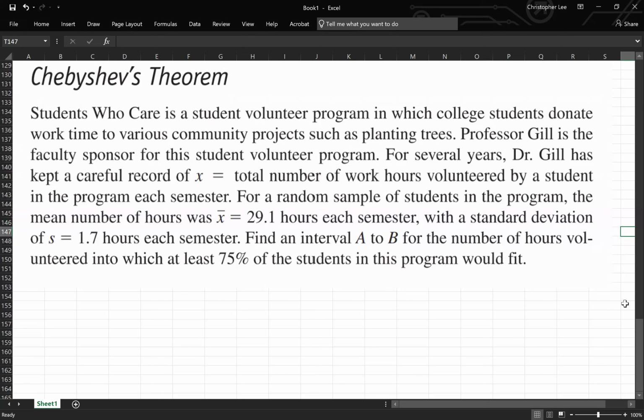For a random sample of students in the program, the mean number of hours was X bar equal to 29.1 hours each semester, with a standard deviation of S equal to 1.7 hours each semester. Find the interval from A to B for the number of hours volunteered into which at least 75% of the data fall.